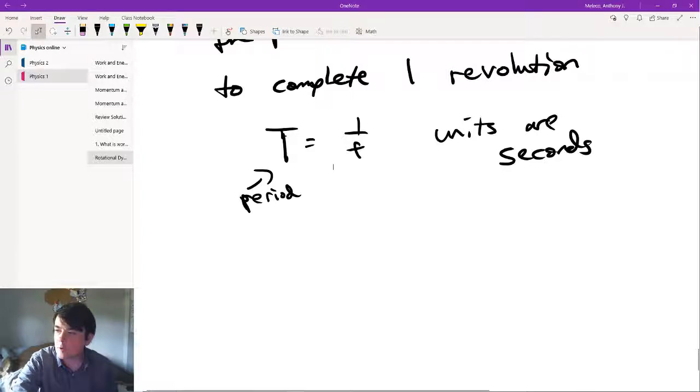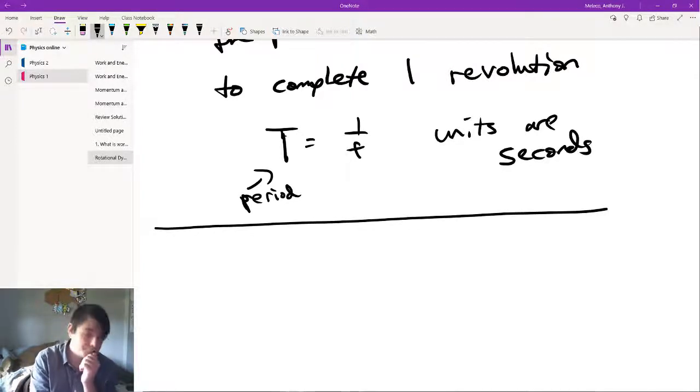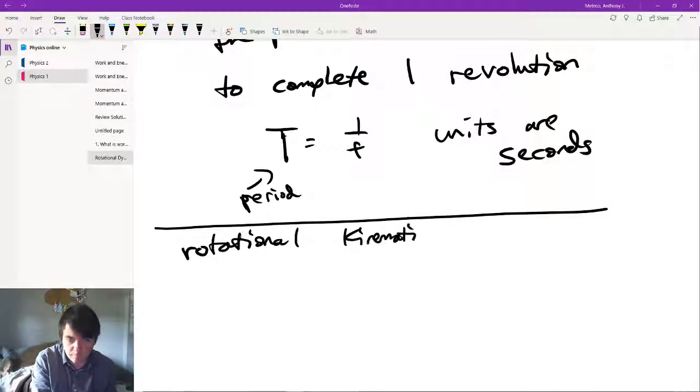So with all of that, here are the rotational kinematic equations and their linear analogs.